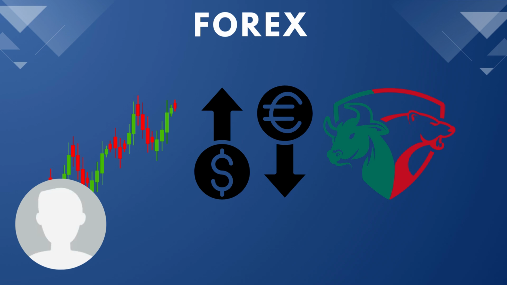If you think the pound is going to be stronger than the US dollar, which means England's economy is going to be stronger than USA's, what happens? You buy pounds and you sell USD, or US dollar, as they call it. So that's how Forex works.